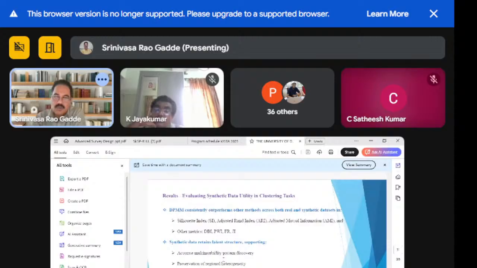So these are the key findings from the DPMM model.